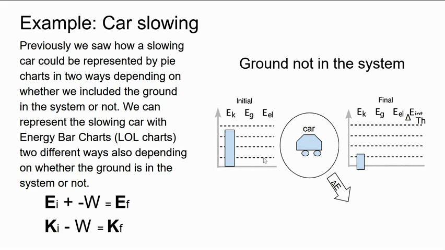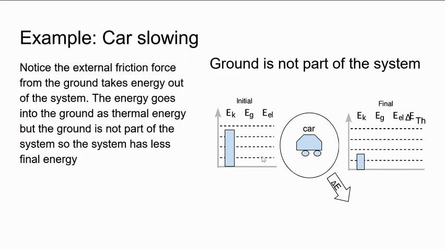Theoretically, if we called this 4 bars and called this 1, we could mark 3 bars leaving the system. That would be the work done on the system. That work is leaving, so we'd call it negative work, or the energy initial minus the work is the energy final. Since it's just kinetic, it would be a relatively easy calculation because we didn't have to worry about any potential whatsoever.